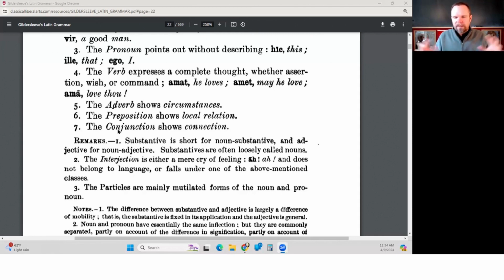Okay? But the idea of connection is that it takes two words or two ideas in a sentence, and it shows that in some way they're connected to one another. It can be connected with an expression like and, but it could also be connected with an expression like however, one sentence connecting to another sentence or different phrases.